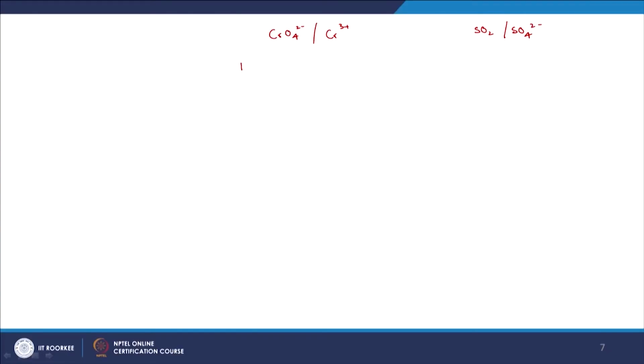So I am going to calculate the oxidation state of chromium, first for CrO4 2- and then for Cr3+, and the same for sulfur in SO2 and in SO4 2-.